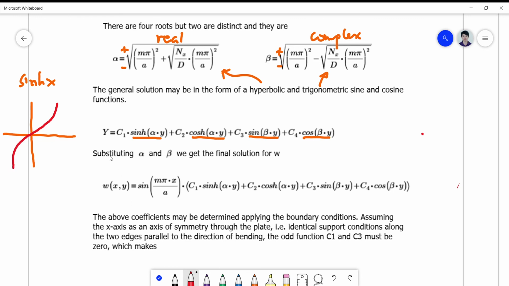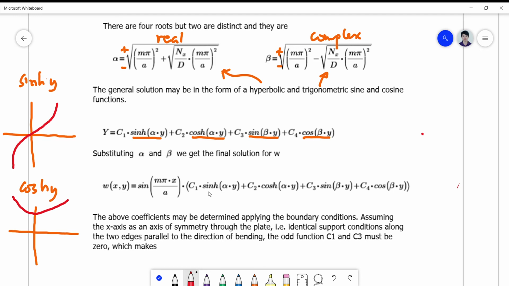So this is my sinh x and my sinh y or cosh y. So this is not x, no? So this is y. Of course, here there's an alpha and a beta there, no? So we neglect first those coefficients, but the form of the graph will still be the same. So the cosine will have somewhat like this as your graph, no?